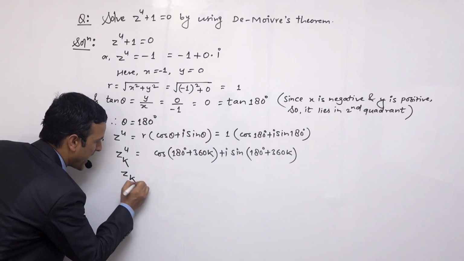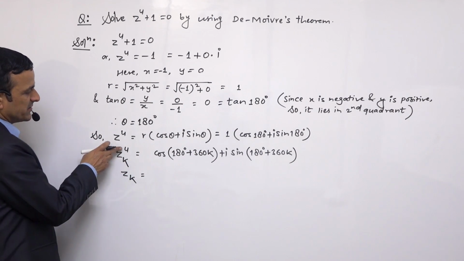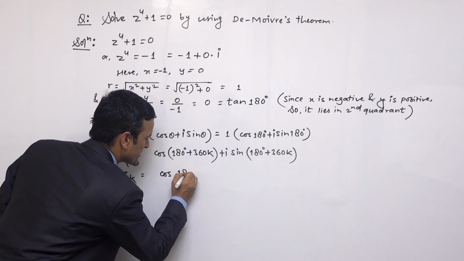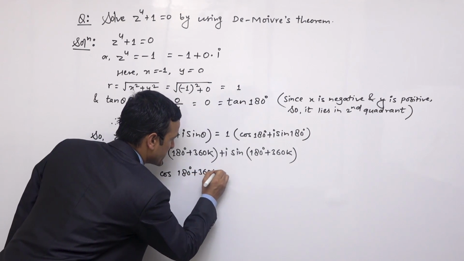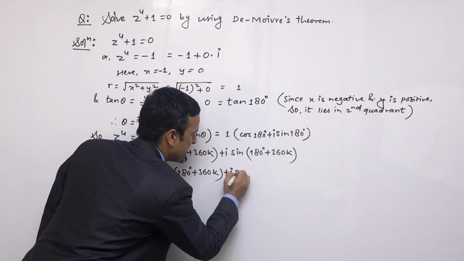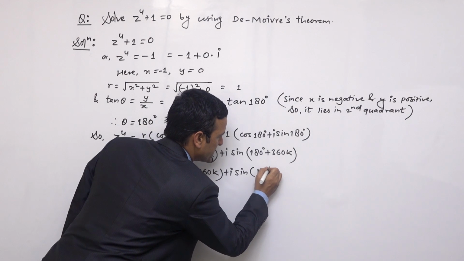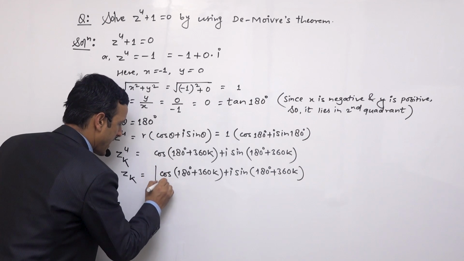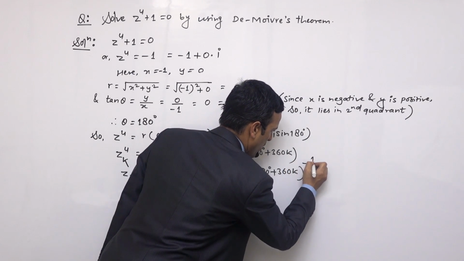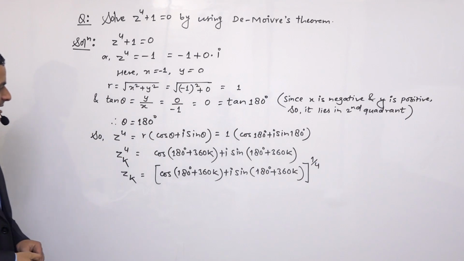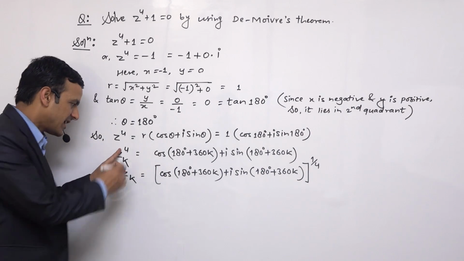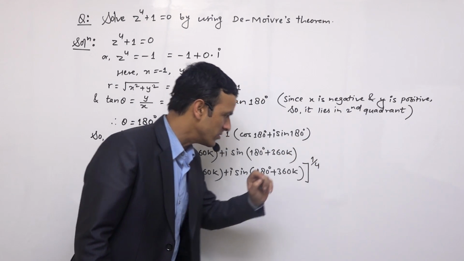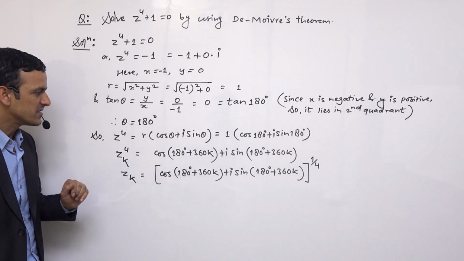So if we find out z_k, then this 4 will be 1 upon 4 in this expression. So z_k is cos (180 plus 360k) plus i sin (180 plus 360k), whole power 1 upon 4. हामीले यताको 4 रिमुभ गर्यौं भने यहाँ 1 by 4 ले मल्टिप्लाई गर्नुपर्छ पावरमा. So it will also be 1 by 4 on this RHS.